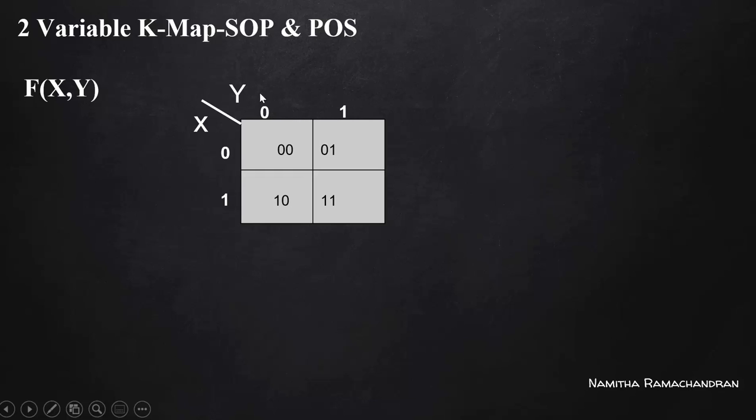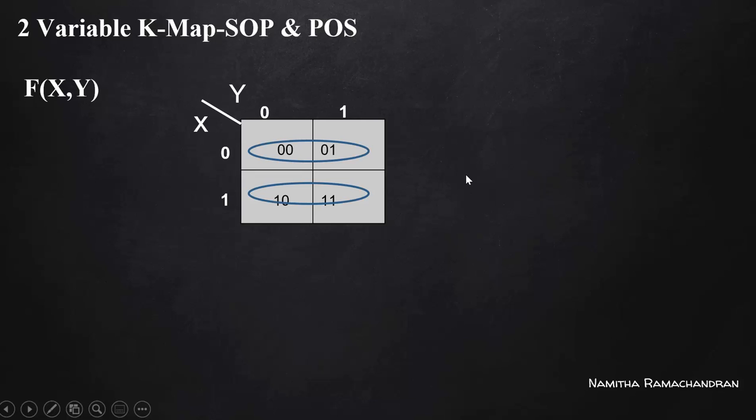This one is the column with y value equal to 1. So these cells correspond to x equal to 0, y equal to 0; here x equal to 0, y equal to 1; in this cell x equal to 1 with y equal to 0; and this one, x equal to 1 with y equal to 1.